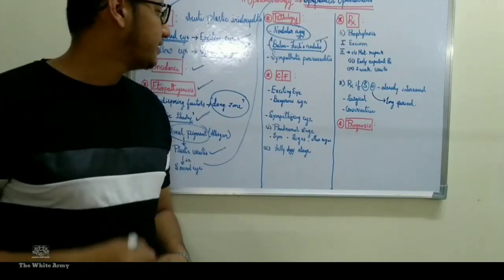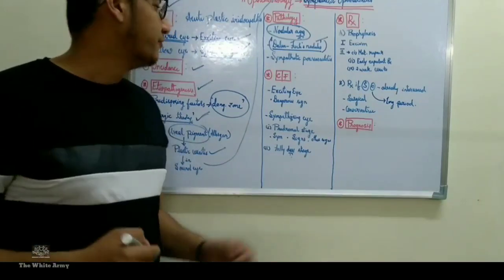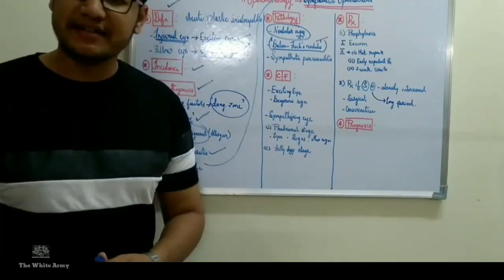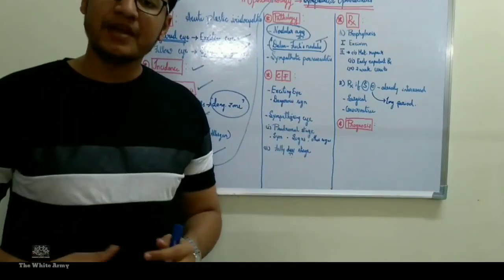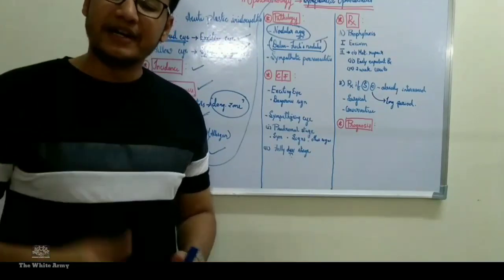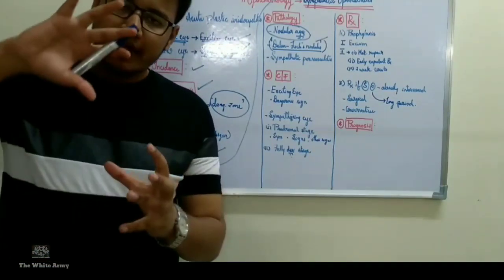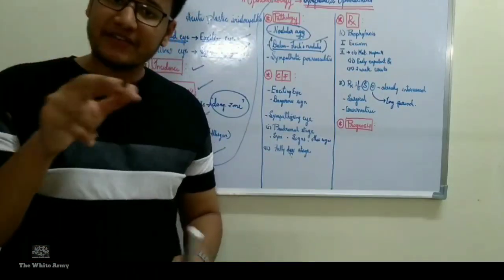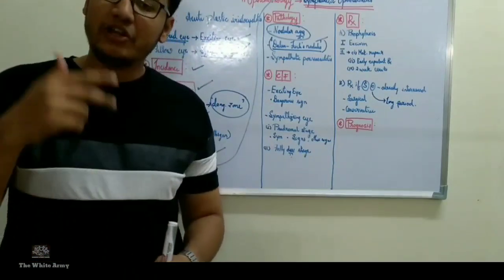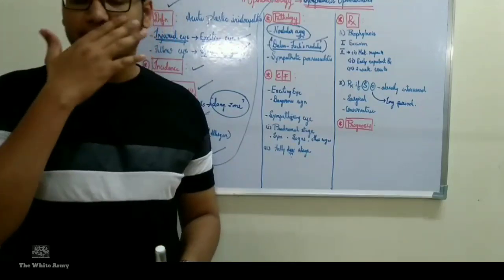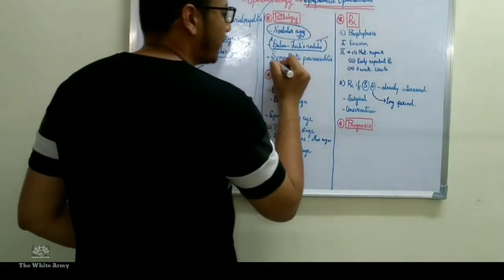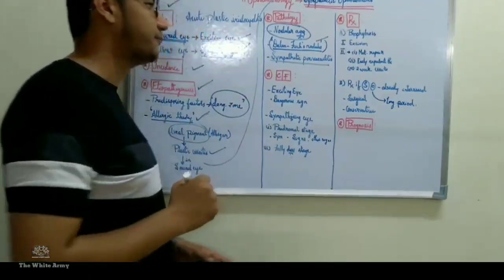The last pathological feature present here is sympathetic perivasculitis. What exactly is sympathetic perivasculitis? It is an inflammatory condition of the vessels. On visualizing the retinal picture, there is perivascular infiltration of inflammatory cells, that is, around the vessels, giving rise to sympathetic perivasculitis.